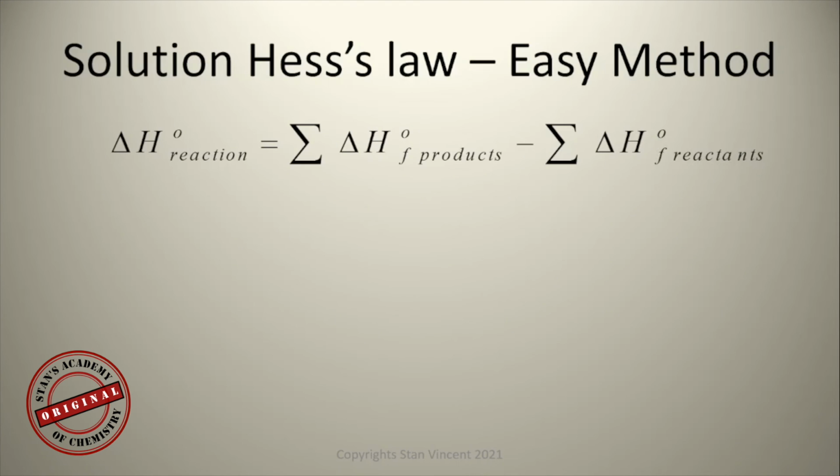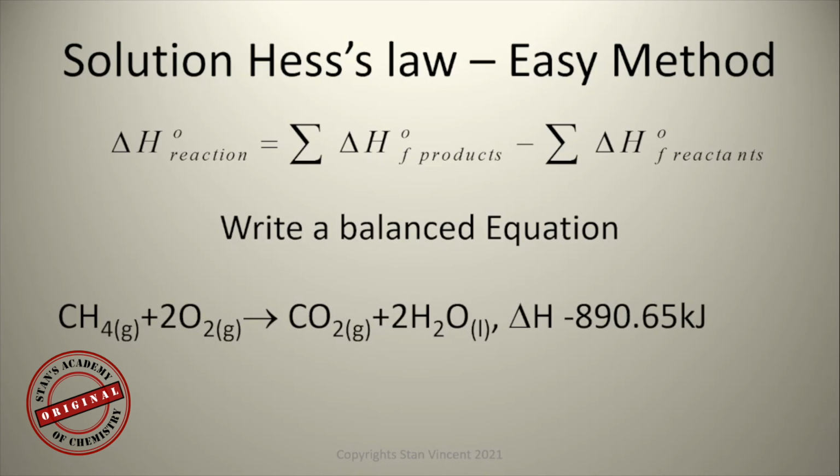Delta H reaction is equal to the sum of the enthalpy of the products minus the sum of the enthalpy of the reactants. So we are going to consider the reaction. The reaction is combustion of methane to give you carbon dioxide and water, and the enthalpy change given in this case is minus 890.65 kilojoules. So we're going to write the equation as in the second line.